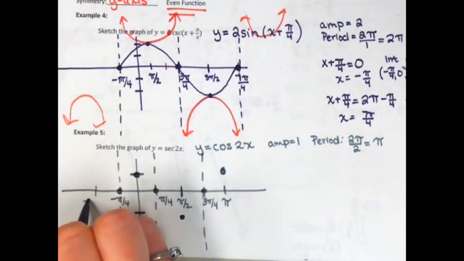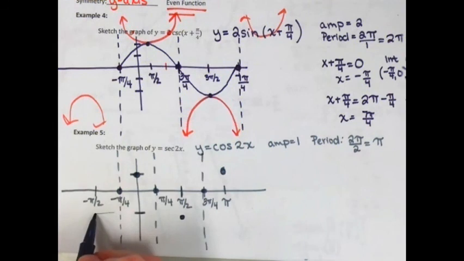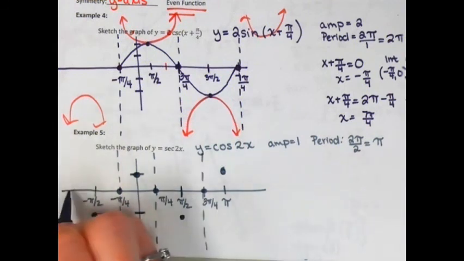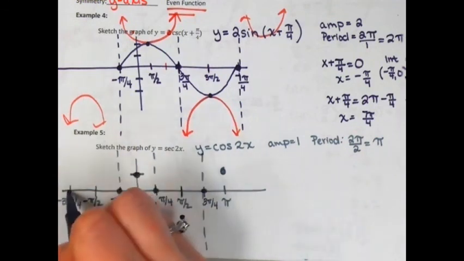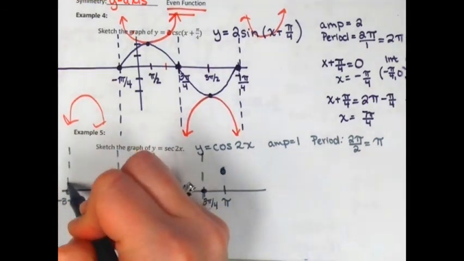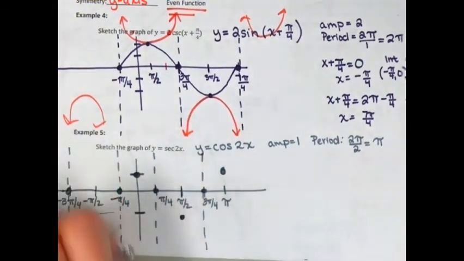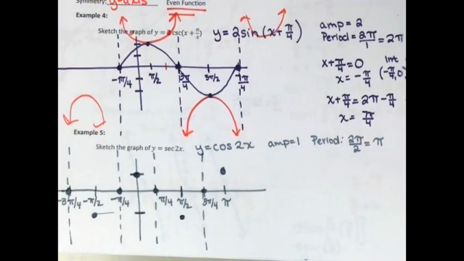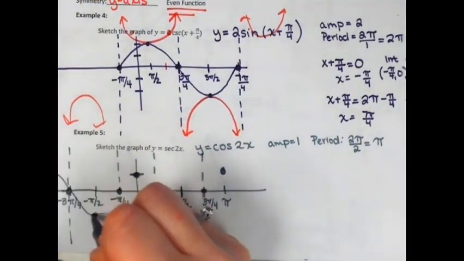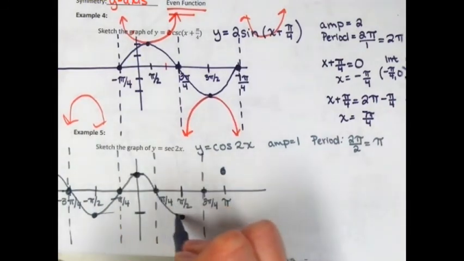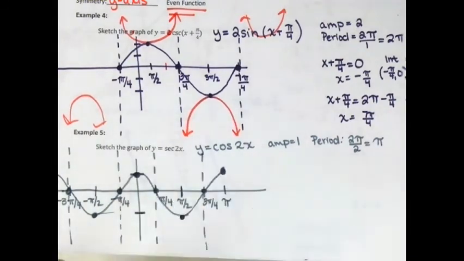Then at negative pi over 2, I would have a minimum. At negative 3 pi over 4, I'd have an intercept, so I'd have a vertical asymptote. And then at negative pi, I would again have a maximum. Are you guys okay with that curve? Now, if this was just a normal cosine curve, would I have those intercepts or those vertical asymptotes?